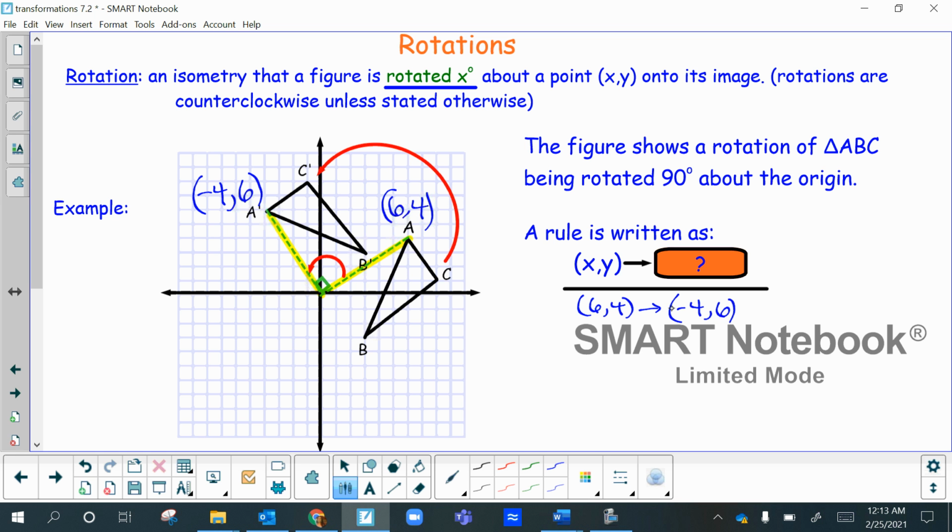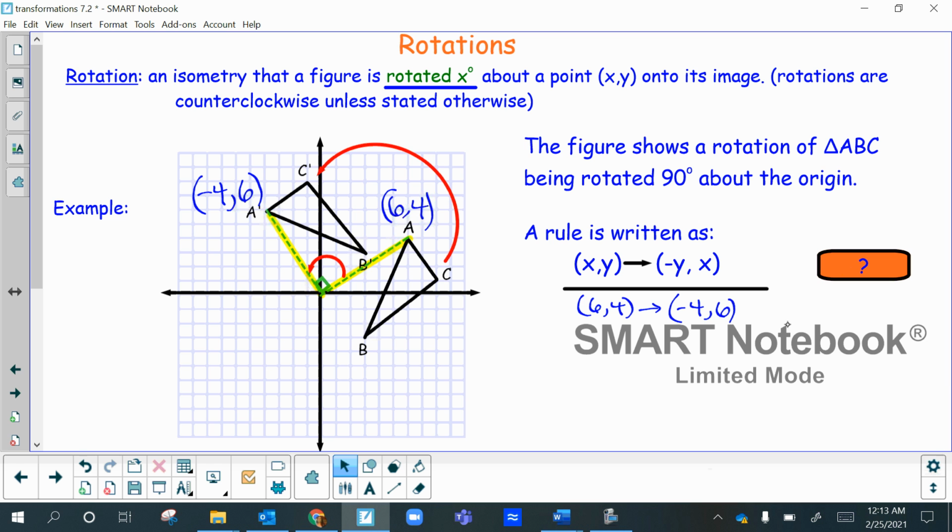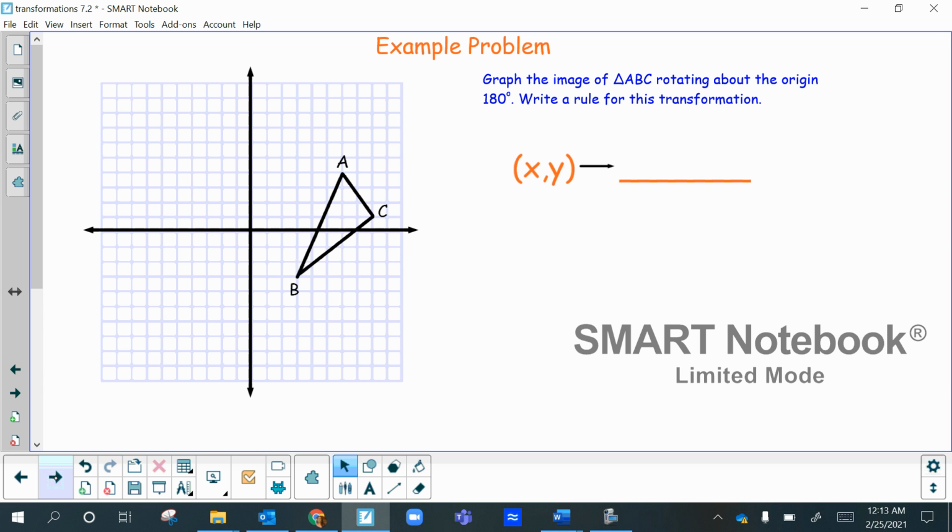So you can see the numbers switch places. So that's what you want to do for the rule. And then you can see that the 4 became a negative. So the sign changed on the 4. So that's how you write the rule: (x, y) maps to (-y, x).